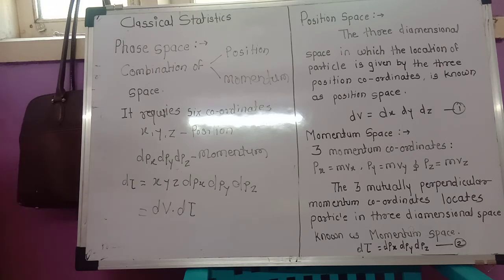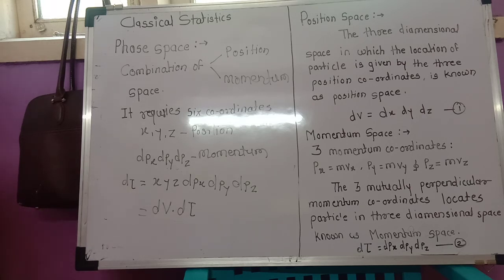If we have to define the dynamical system completely, we require these six coordinates. Suppose the system contains n particles, then we must have the knowledge of 6n coordinates to define the system completely.